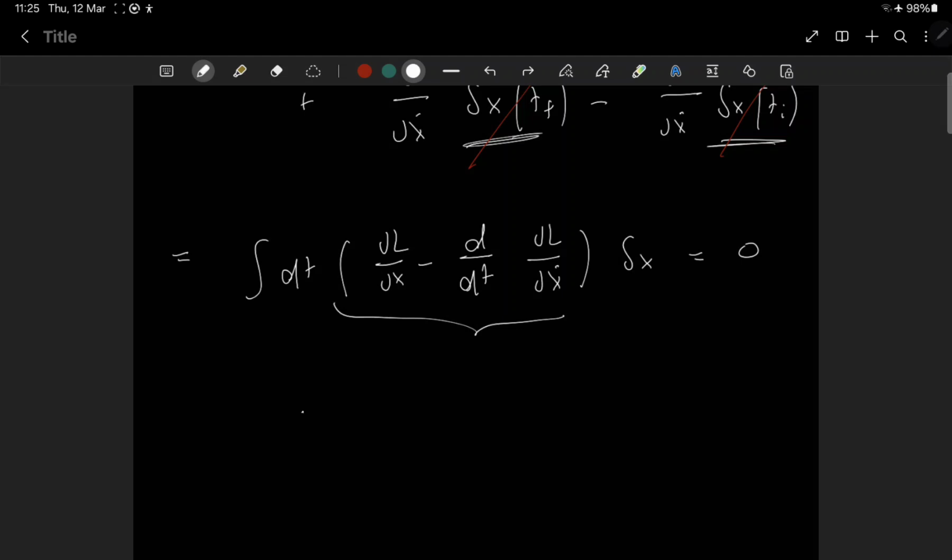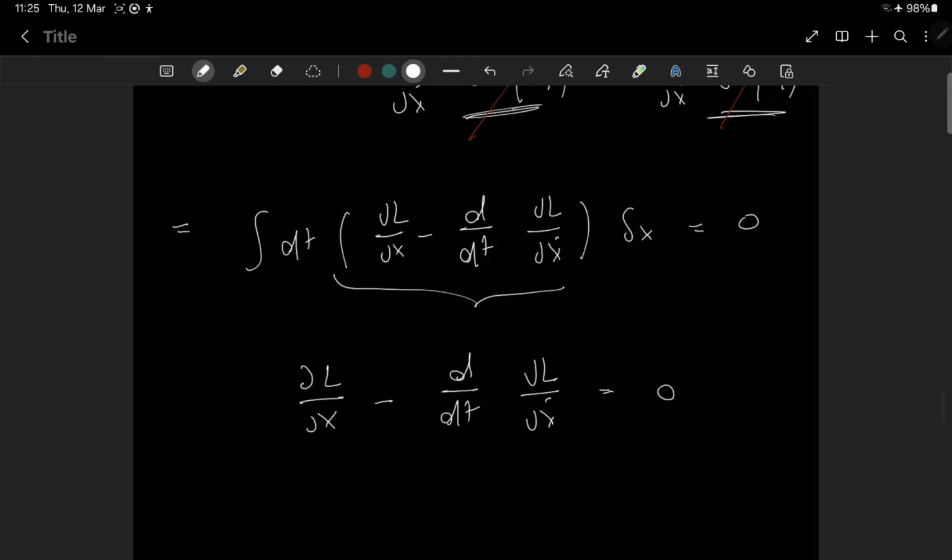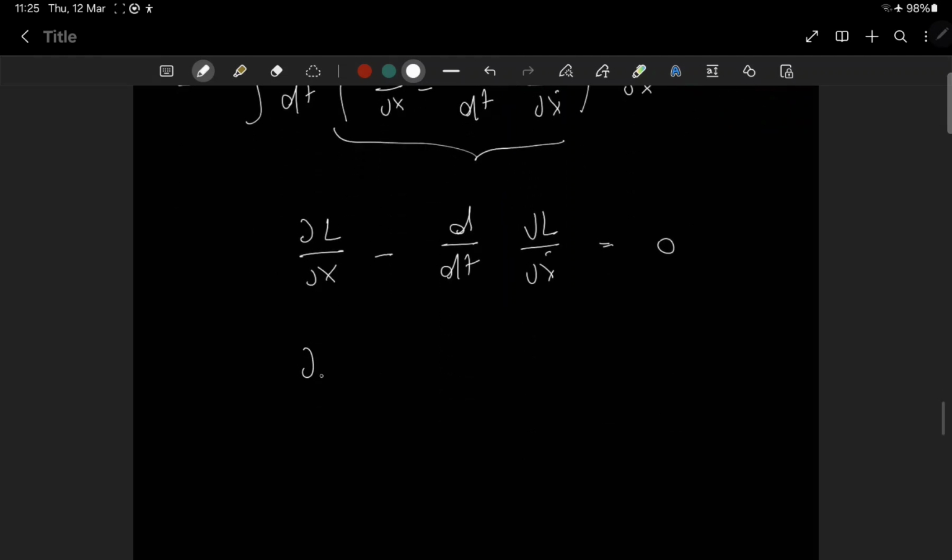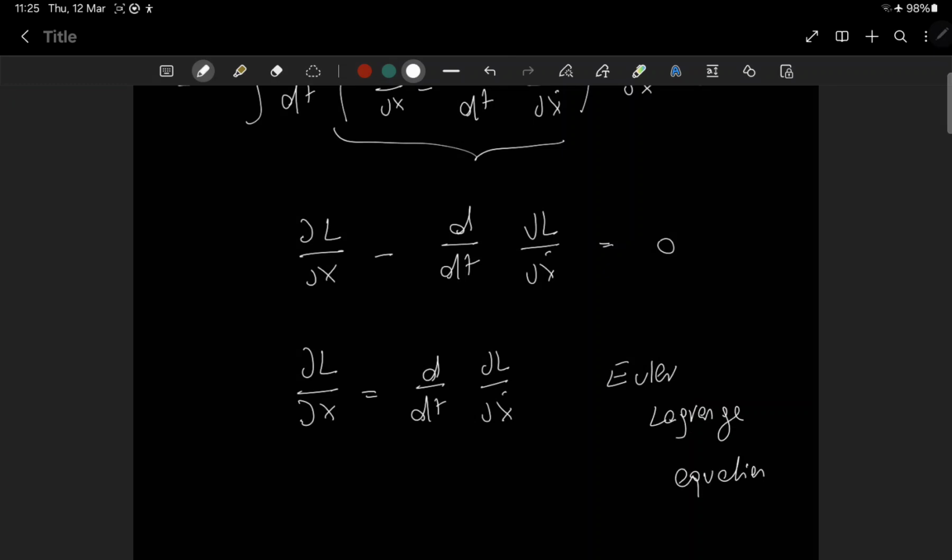So we end up with what is called the Euler-Lagrange equations, which is partial L by partial x minus d by dt of partial L by partial x dot is equal to 0. Or we can equivalently write partial L by partial x is d by dt of partial L by partial x dot, and this is known as the Euler-Lagrange equation, right?